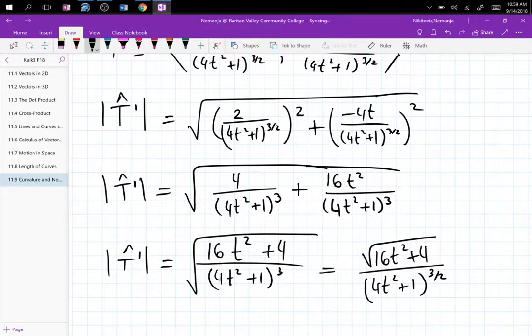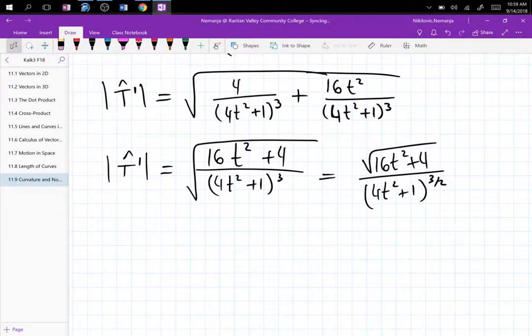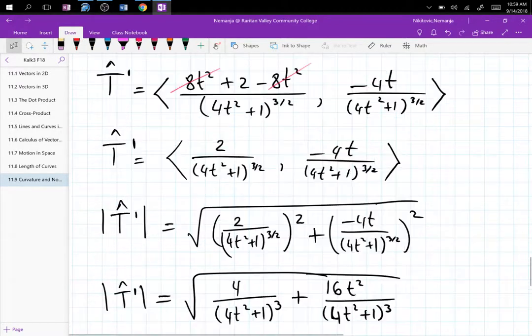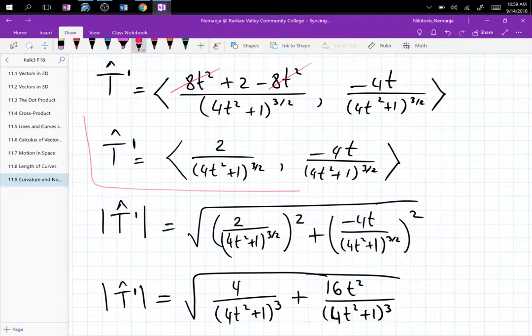We're almost there. We are now going to put the normal vector together for the first time. The normal vector is a unit vector. You are taking your T prime, which was here.